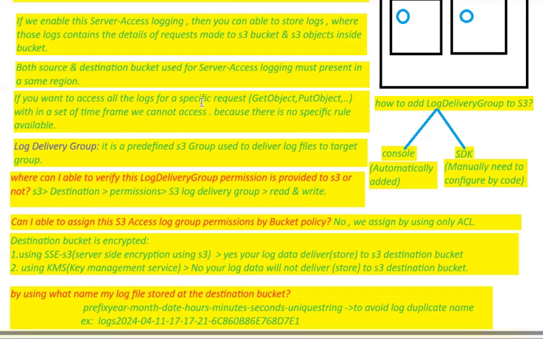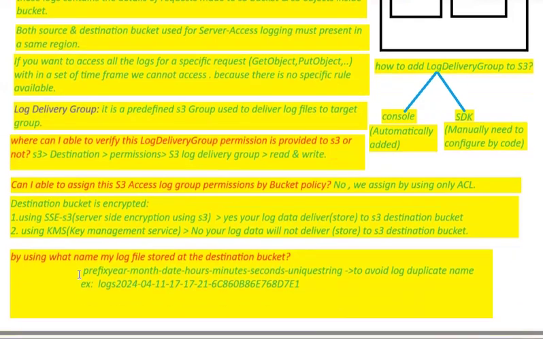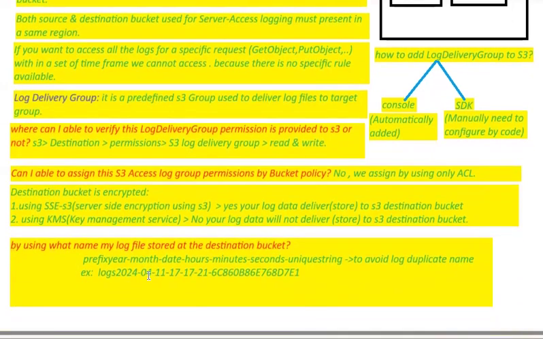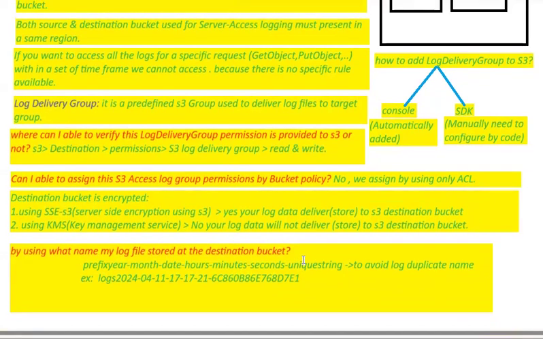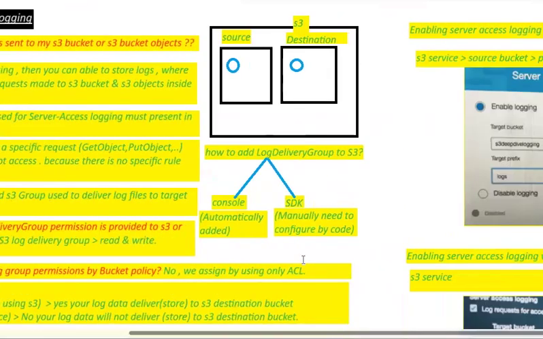It is not possible. Mostly this is asked in certifications. If in certification they provide any format for how your destination log file will be, then it will be in this format: prefix, year, month, date, hours, minutes, seconds, and unique string, where this unique string is used to avoid duplicate log names and store all the data.